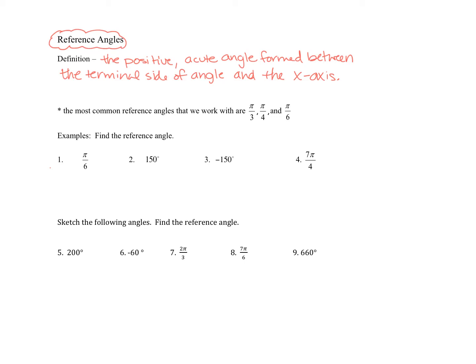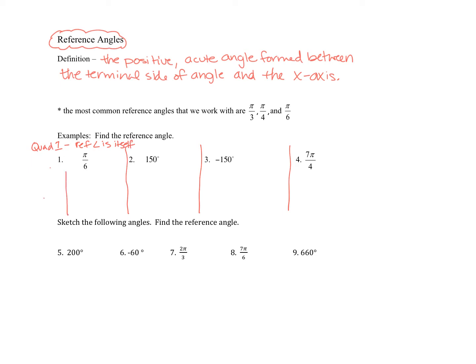So let's start with looking at an example of one in each quadrant. Number 1 is an example of a reference angle in quadrant 1. In quadrant 1, the reference angle is the angle itself.